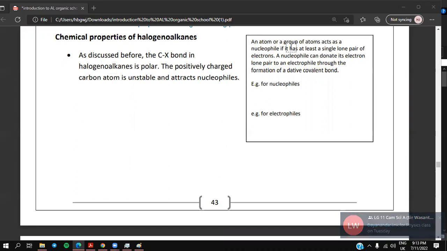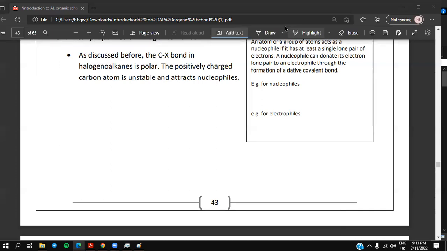An atom or a group of atoms acts as a nucleophile if it has at least a single lone pair of electrons. And a nucleophile can donate its electron lone pairs to an electrophile through the formation of a dative covalent bond. Some examples for nucleophiles you can take down. Examples for nucleophiles I've already discussed: OH minus. It has lone pairs of electrons.